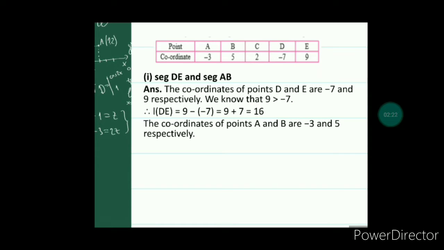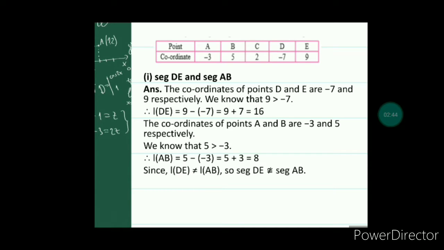The coordinates of points A and B are -3 and 5 respectively. We know that 5 is greater than -3. Therefore, length of AB is equal to 5 minus in bracket -3, is equal to 5 plus 3, equal to 8. Since length of DE is not equal to length of AB, seg DE is not congruent to seg AB.